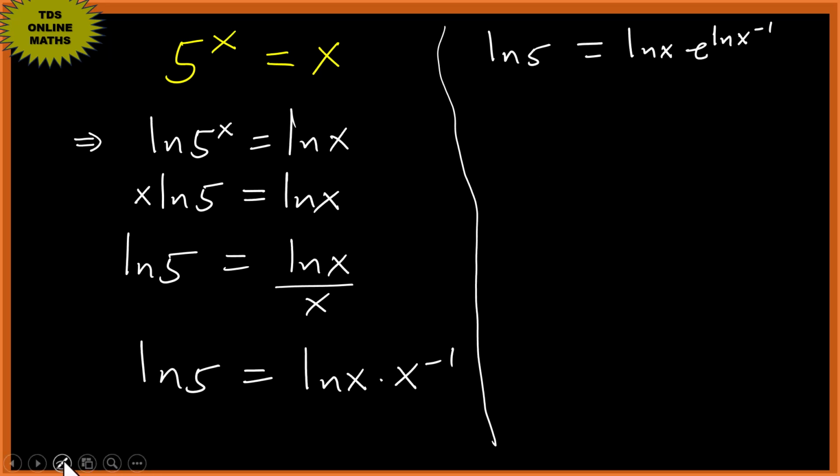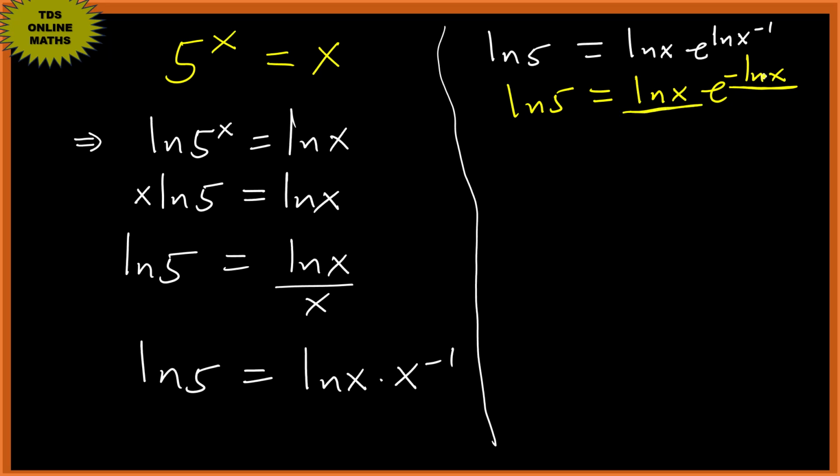Now let's record something here. This becomes the power rule, so I'll get e raised to minus ln of x. Now remember, before you can take the Lambert W function, you have to make sure what is at the exponent is the same as what is out front.